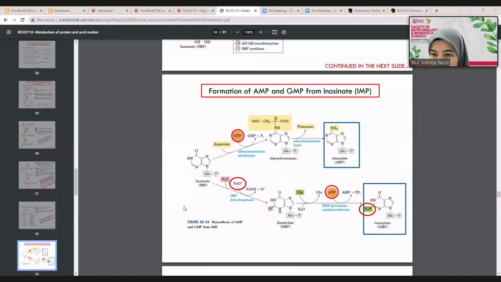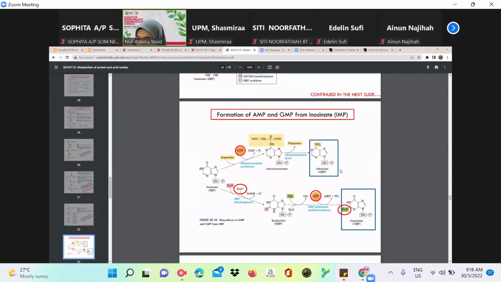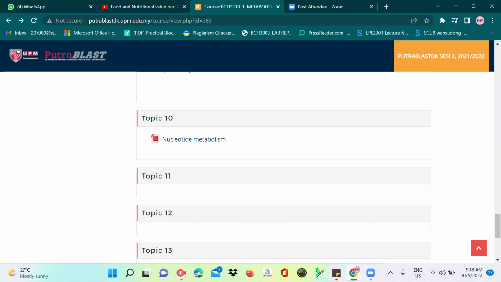Okay, so we stop at this slide. You should know from the 11 steps, this is the product, IMP, inosinate or inosine monophosphate. So we know in the purine biosynthesis, we want to produce AMP and GMP. Adenine and guanine are classified as purines.